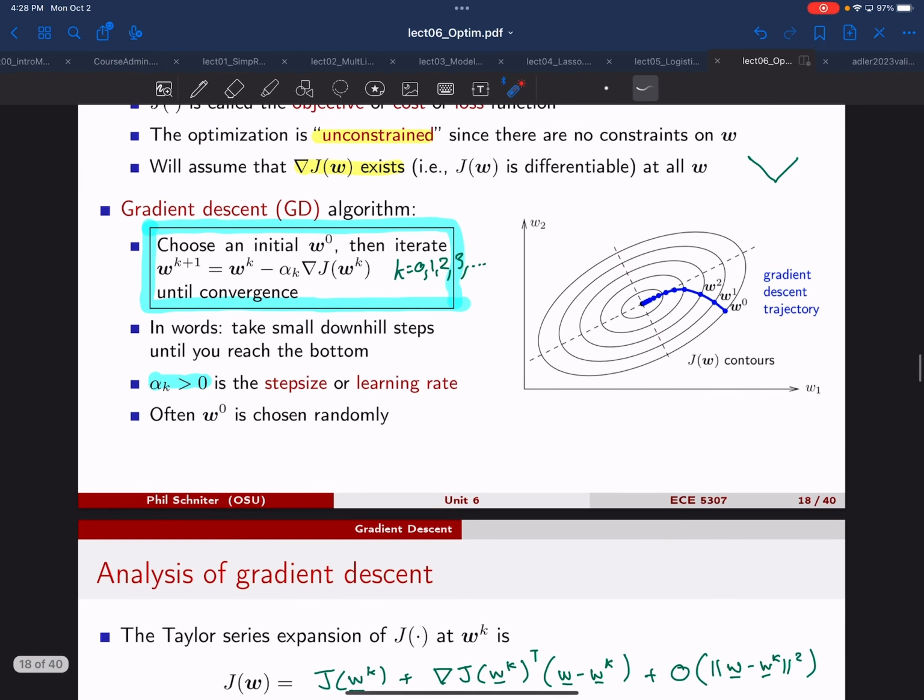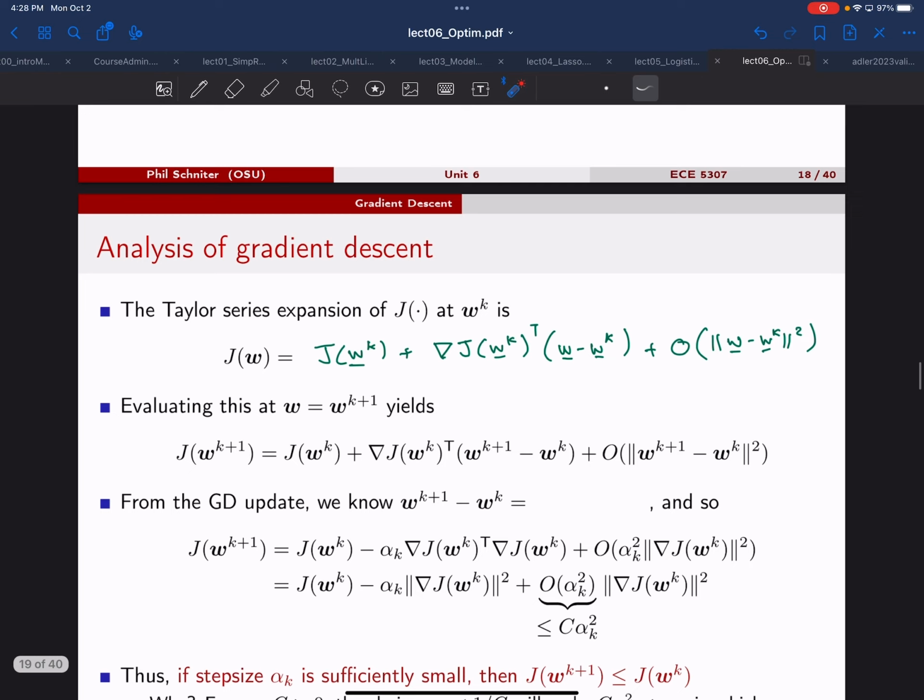So if we come up here, if I subtract W_k from both sides of this equation, then I get that term, and it's exactly this: minus alpha_k times the gradient evaluated at W_k. Sorry, I ran out of space there.